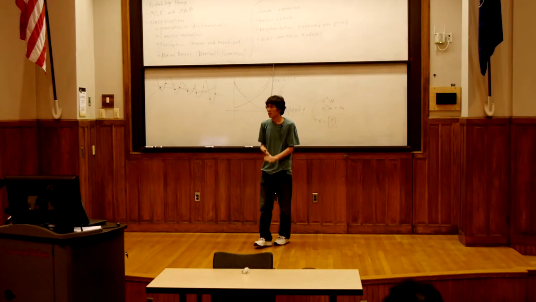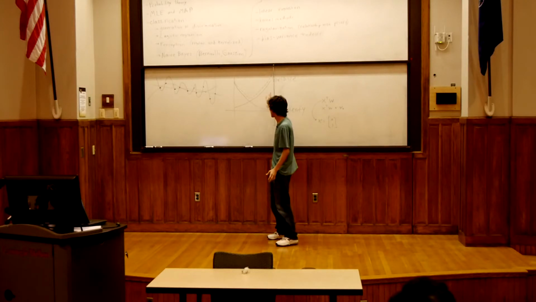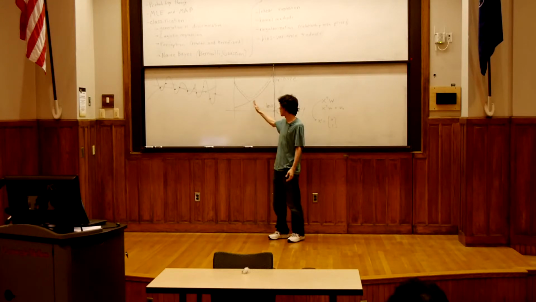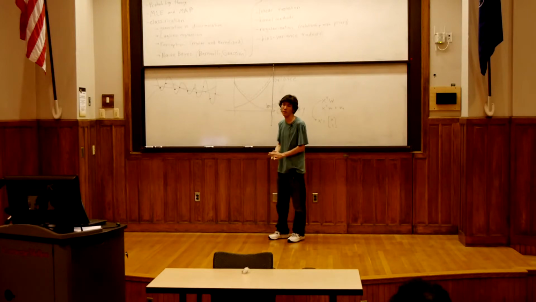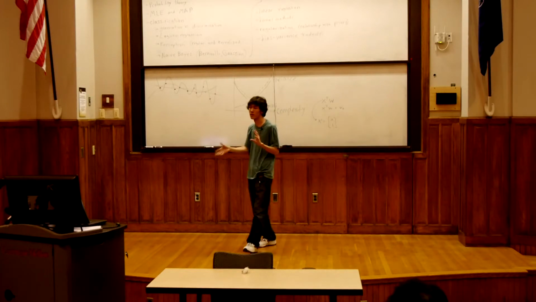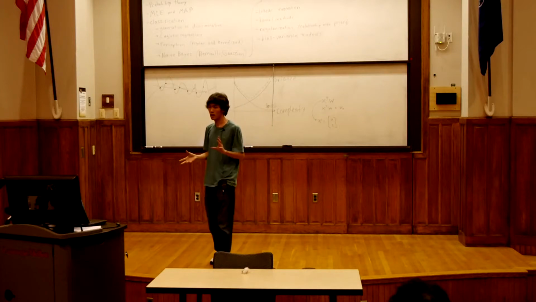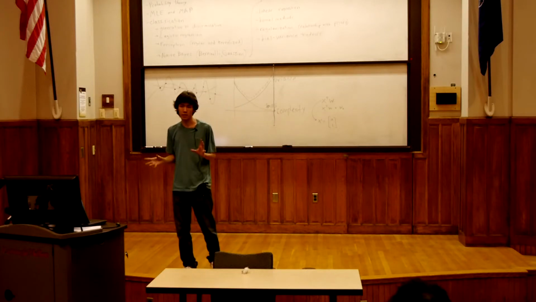So one way to pick the correct degree is to find this point. The key is that the bias and variance go against each other. As you increase the complexity, your bias decreases, whereas your variance increases.